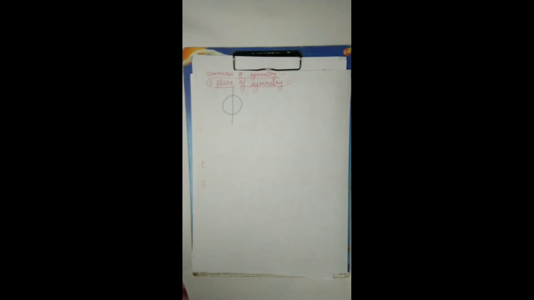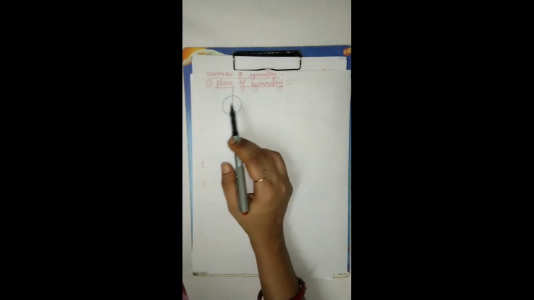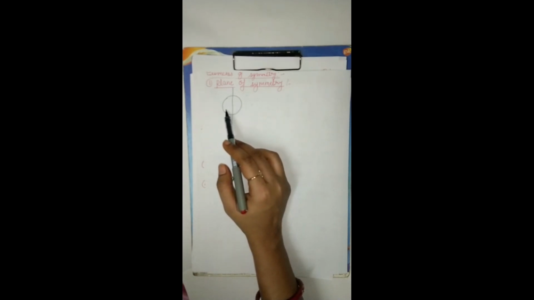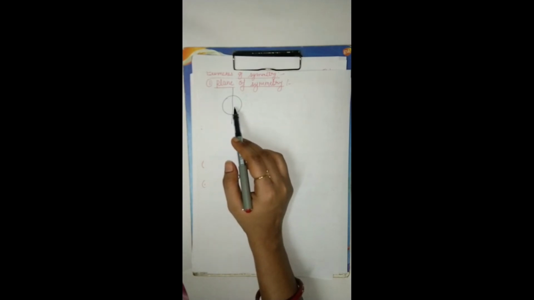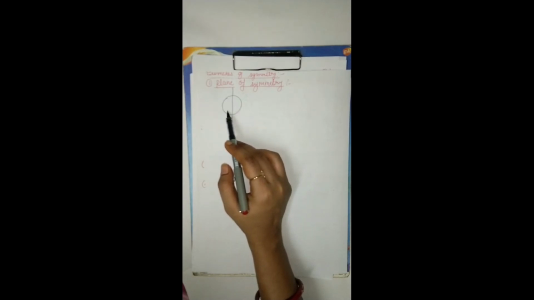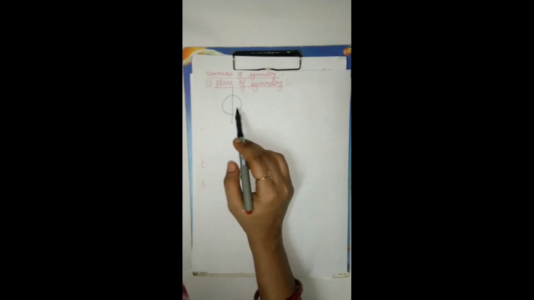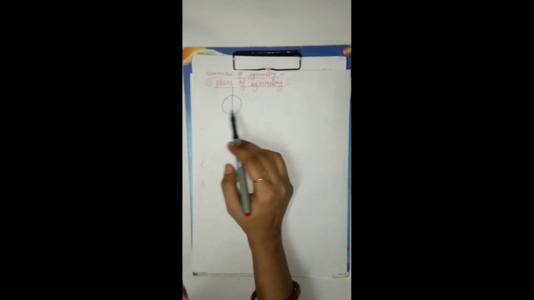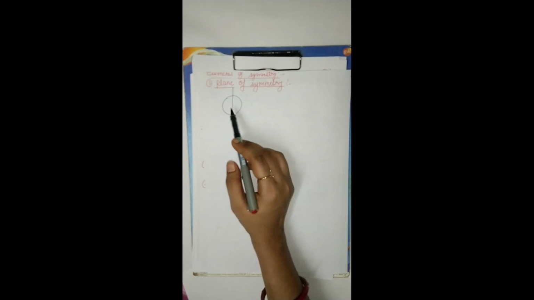We can say the plane of symmetry is defined as an imaginary plane which divides the molecule into two equal halves, in which one half of the molecule is a mirror image of the other half. That's why if a compound has a plane of symmetry, it becomes optically inactive.